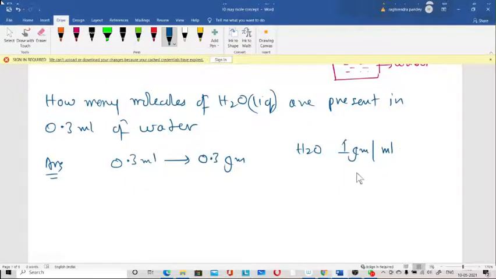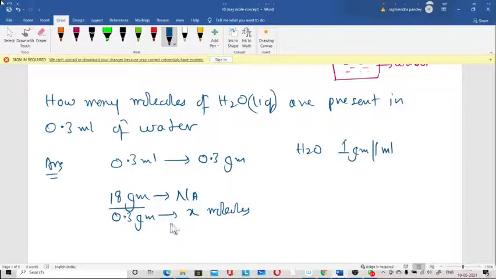So 1 gram is equal to 1 ml, so 0.3 ml is 0.3 gram. Now 18 gram water contains Na molecules, so 0.3 gram water will correspond to x molecules.